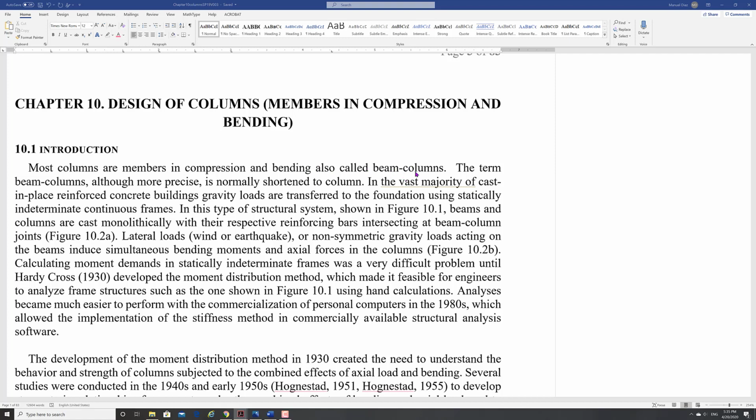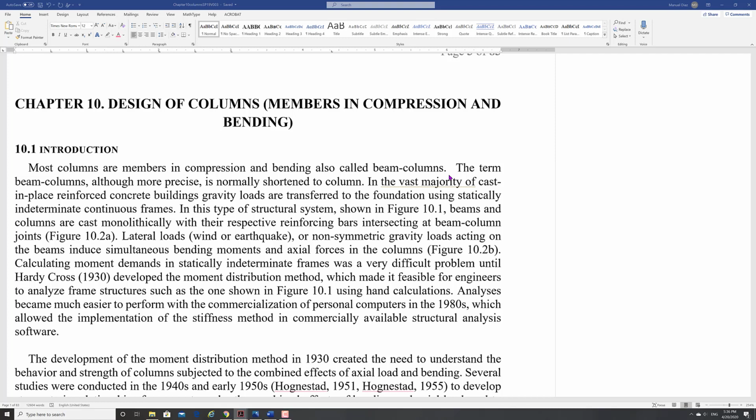They behave like beam columns because you have moments, you have shears, you have axial loads. And so beam columns is much better because it encompasses all those different effects that loads can have on a member.